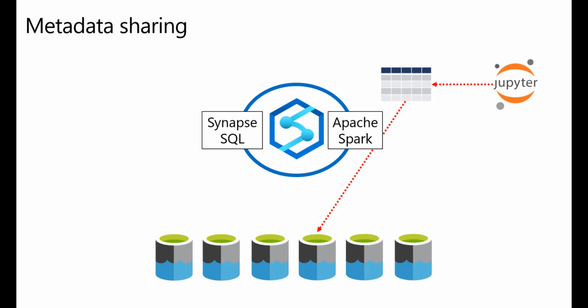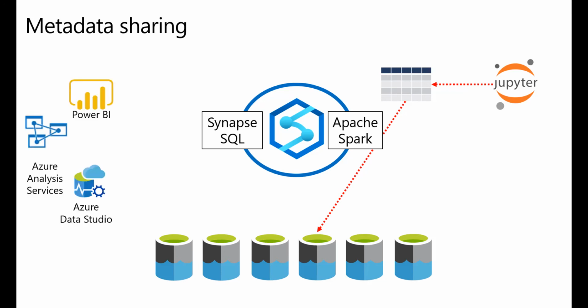And as a result, you will probably create some table on top of your data lake storage. There is a problem with SQL-centric tools like Power BI, Azure Analysis Services, and Azure Data Studio that can easily talk with SQL endpoints, but not with Apache Spark endpoints. Our goal is to enable all these SQL-centric tools to also access data that is created by Apache Spark.